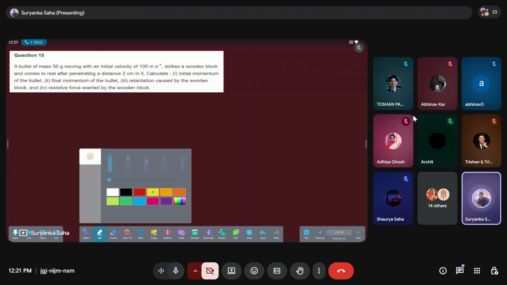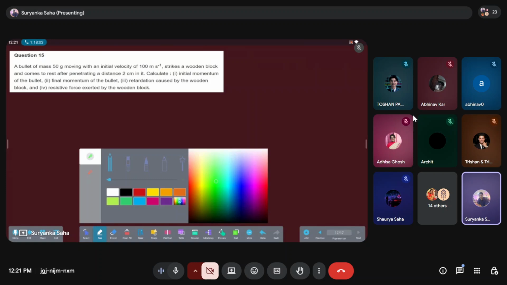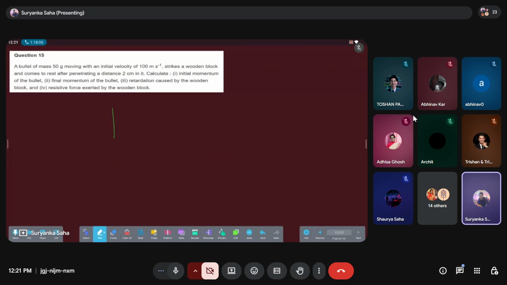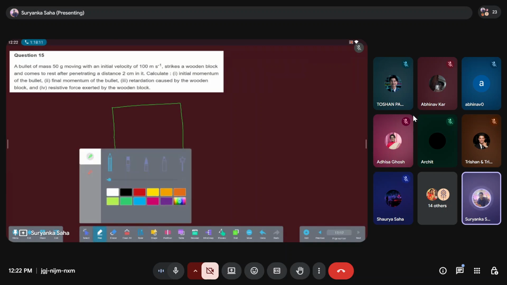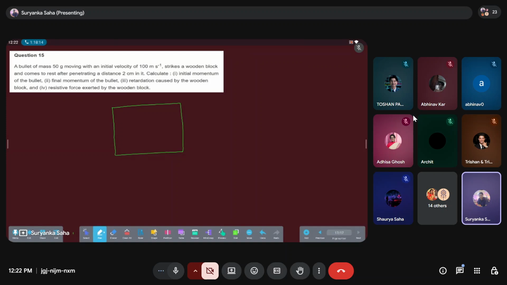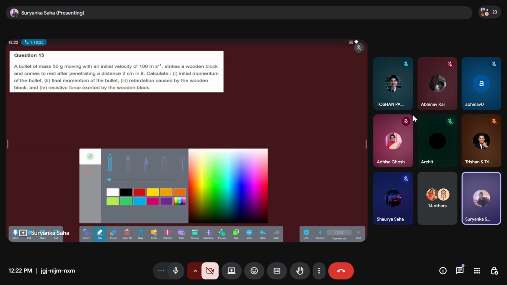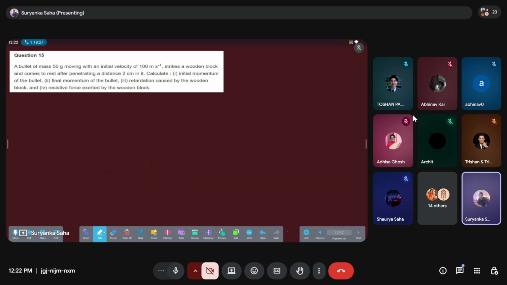Let me see. First, draw the wooden block. Suppose this is the wooden block over here. I can draw it bigger also. Okay, this is the wooden block, and a bullet of mass 50 gram moving with an initial velocity of 100.